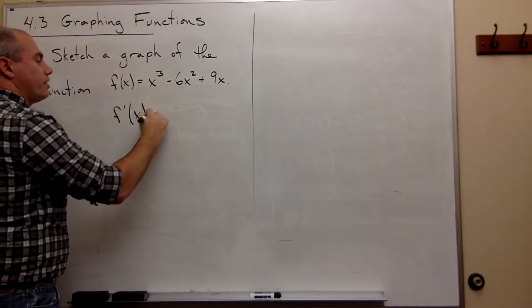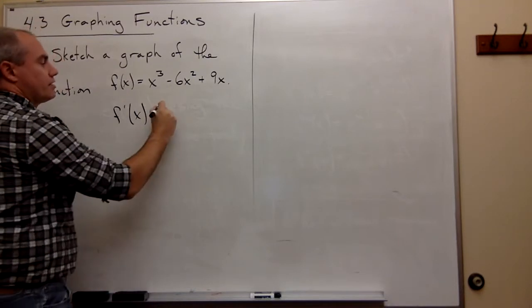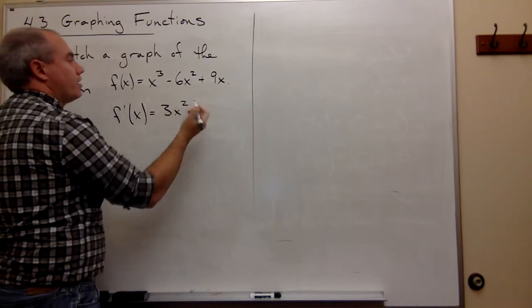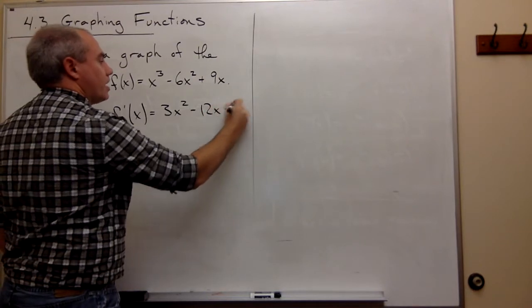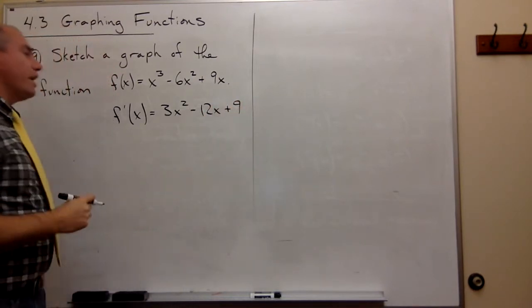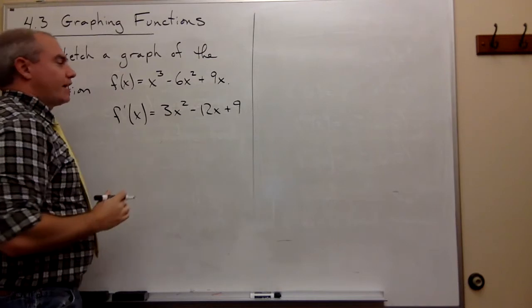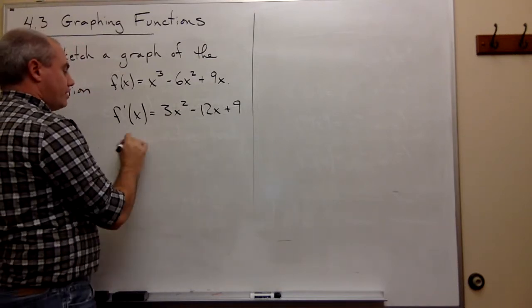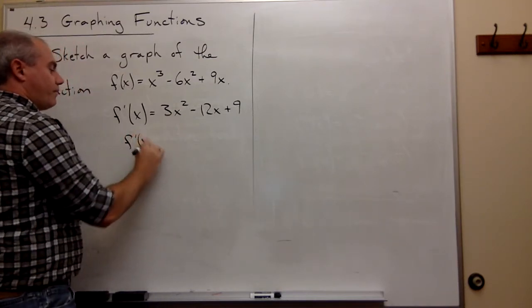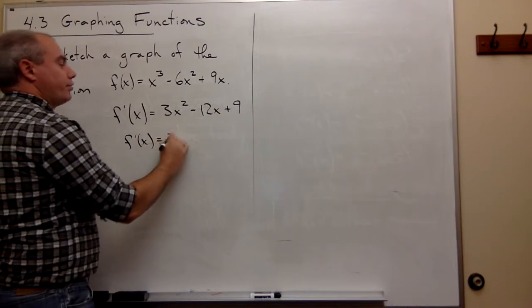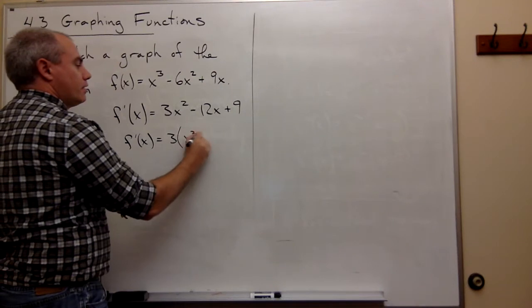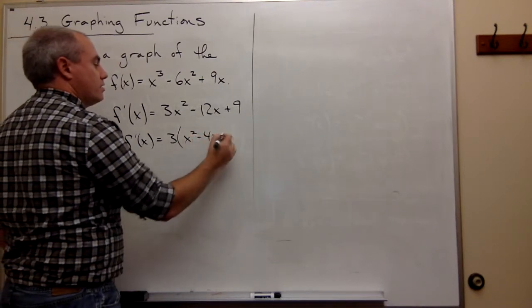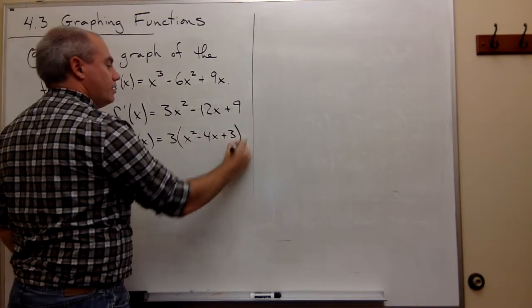We take the first derivative and we see that it is 3x squared minus 12x plus 9. And maybe we want to even factor out a 3 from this. So we could say that f prime of x is equal to 3 times x squared minus 4x plus 3.